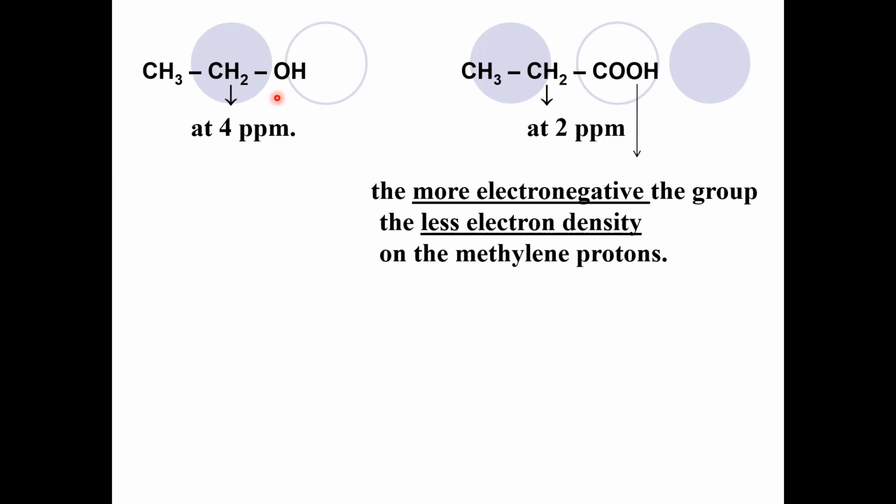Therefore, it will possess a stronger de-shielding effect on the methylene protons, and we can observe that the methylene protons in ethanol are resonating at lower field compared to the methylene protons in propionic acid. Therefore, the more electronegative the group, the less electron density on the methylene protons, the more they will be de-shielded.